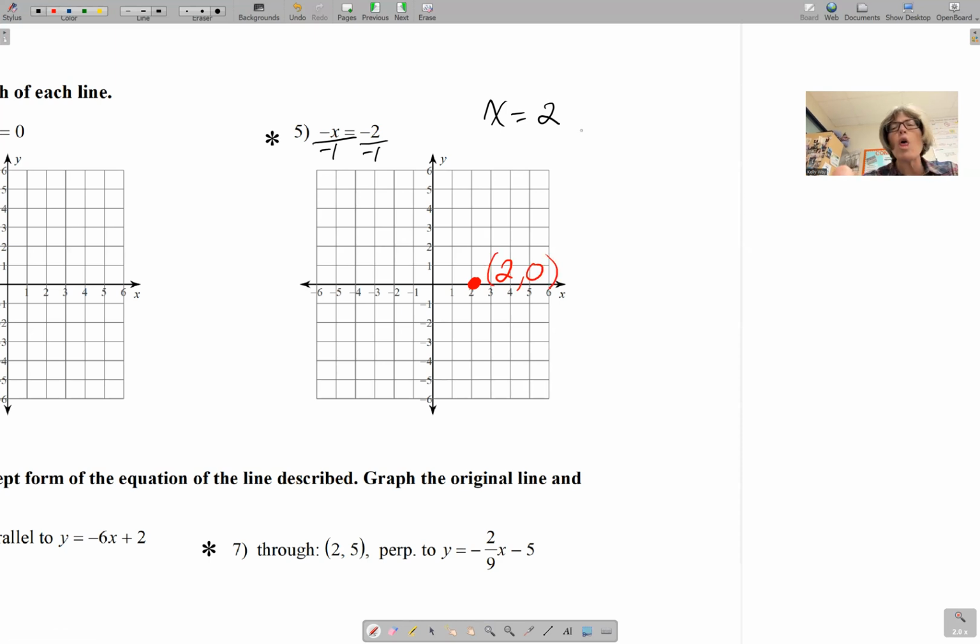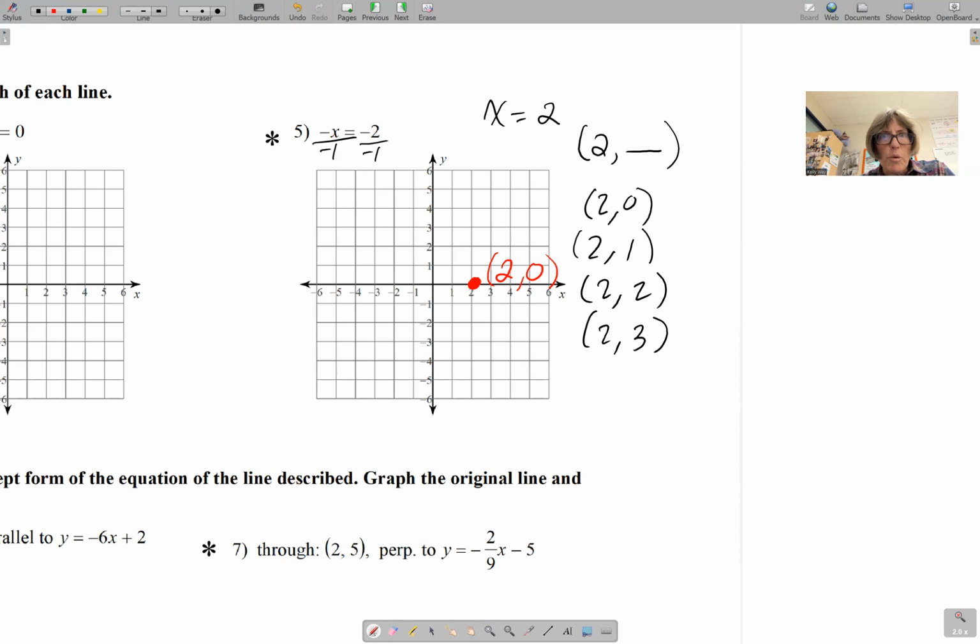We want all the points where x is 2. So it's important that you graph a bunch of points, and then you will see (2, 0), (2, 1), (2, 2), (2, 3), etc. When you graph those points, you will see exactly what kind of line it is.